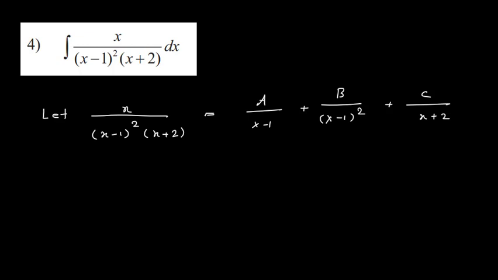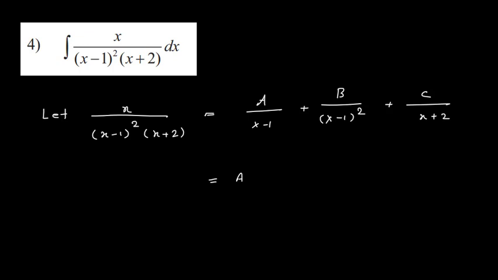Okay, right, you identified this type. Here x minus 1 is a linear factor but it has power 2, so I have to write it like this 2 times.